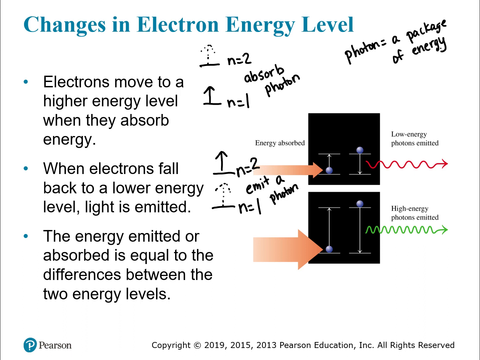And you have to have the specific amount of energy required to move up or down an energy level. There's no such thing as moving to n equals 1.5 because it doesn't exist. The energy that is emitted or absorbed has to be equal to the difference between the two energy levels.